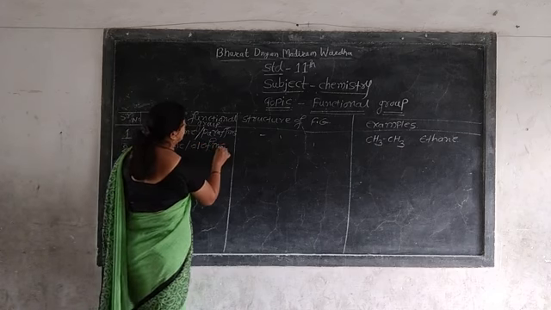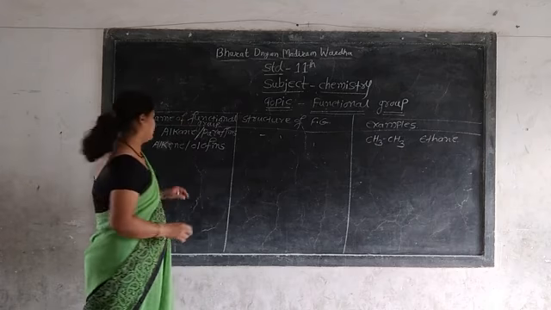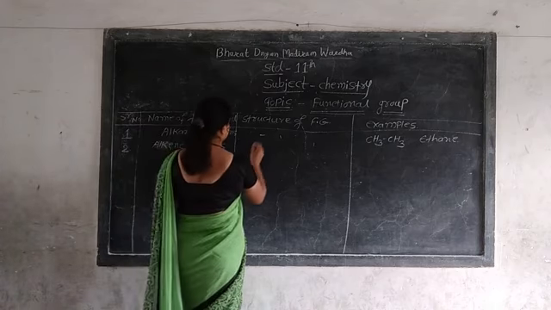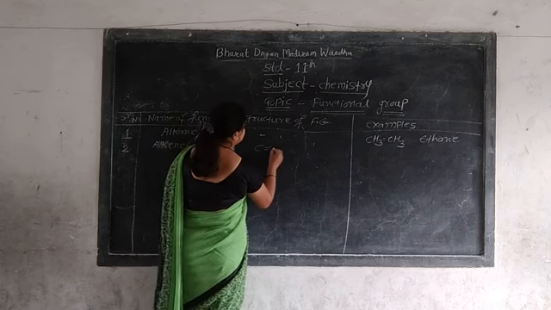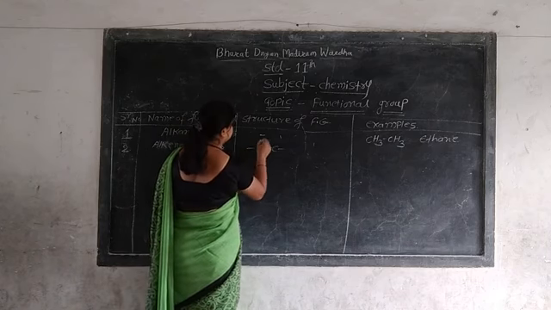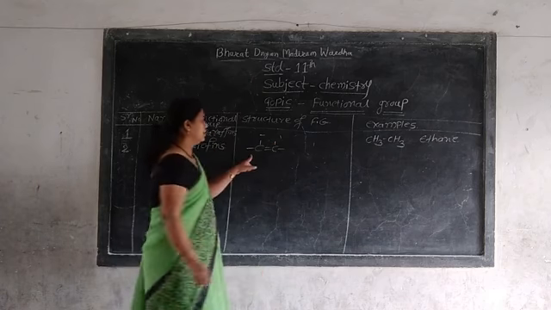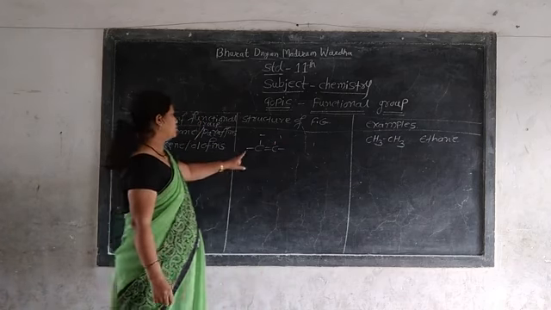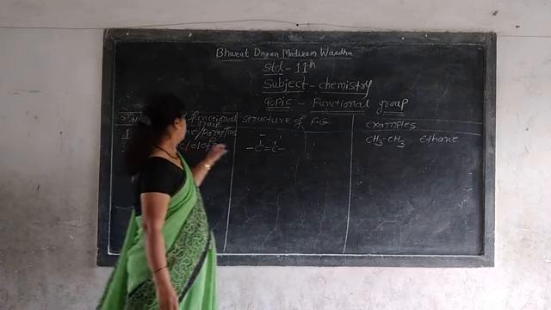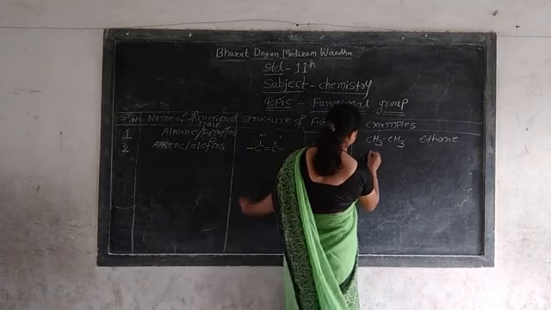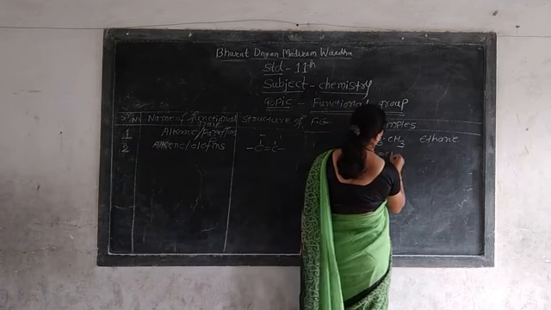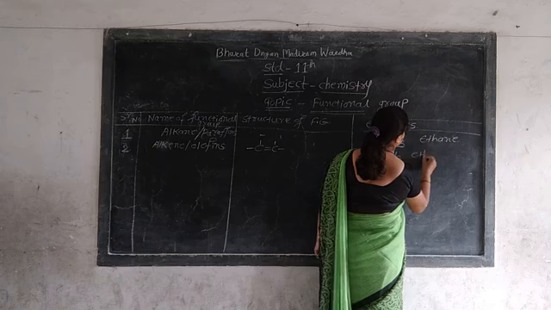Why are alkenes called olefins? We studied that earlier. The structure of the functional group is, as alkenes contain a carbon-carbon double bond, this is the structure of the alkene. An example is CH2 double bond CH2, ethene.